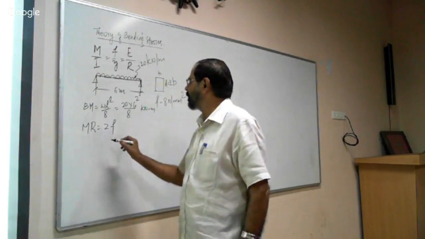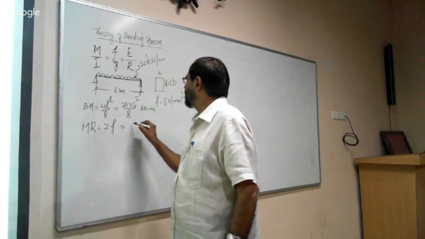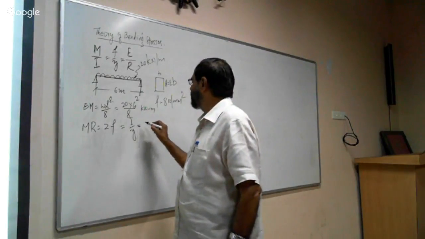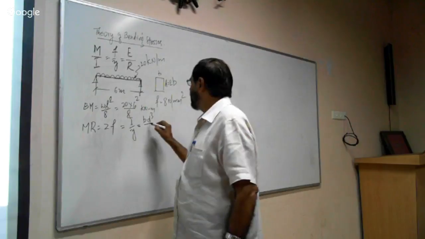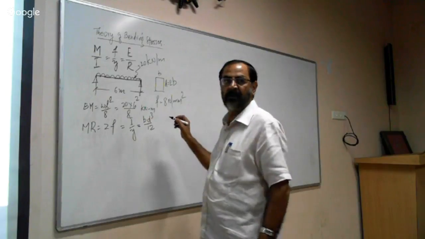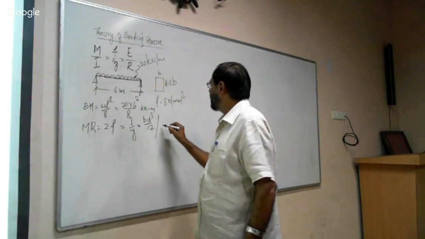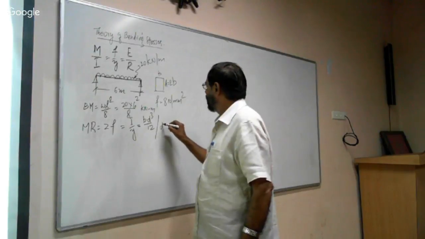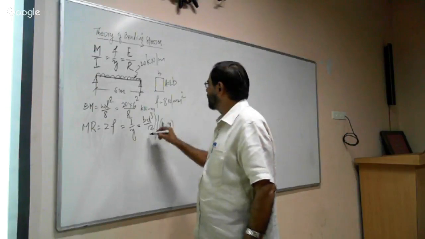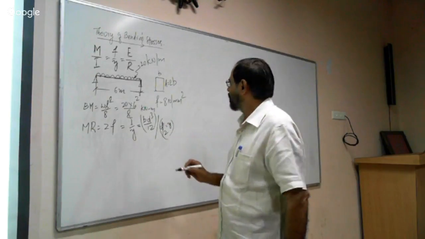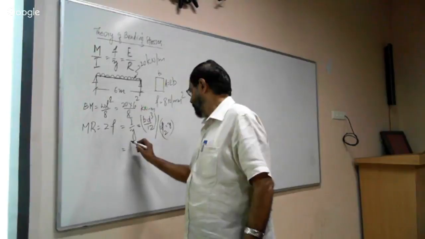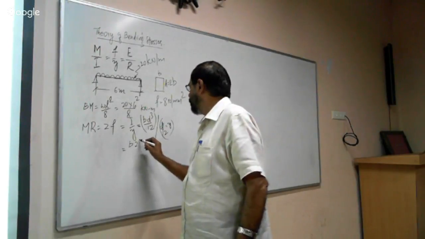So here Z is equal to I by Y. Therefore I by Y is equal to B D cube by 12 divided by D by 2, where D by 2 is Y. Now here D is equal to 2B.